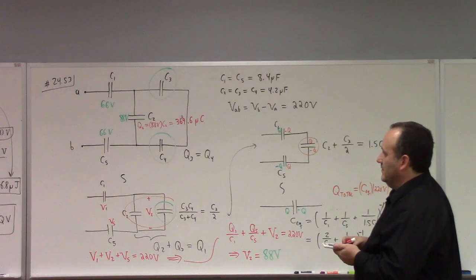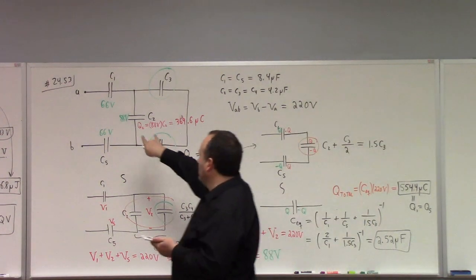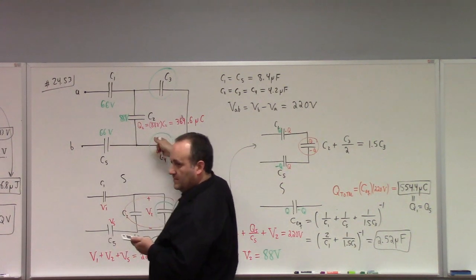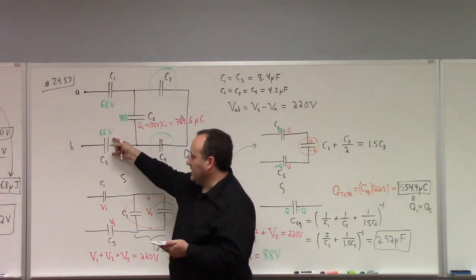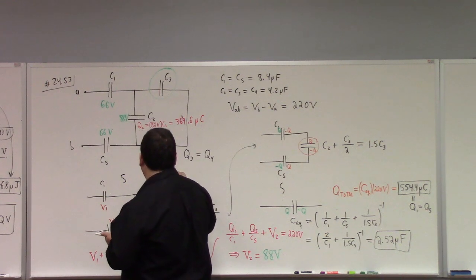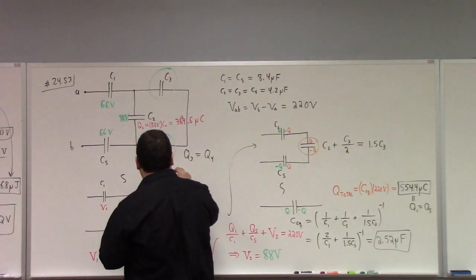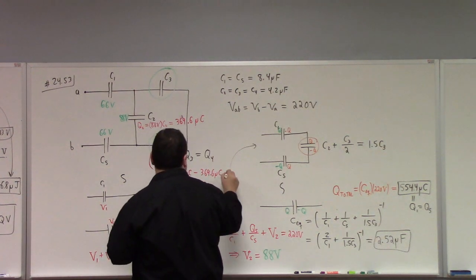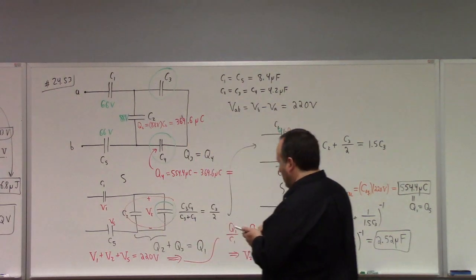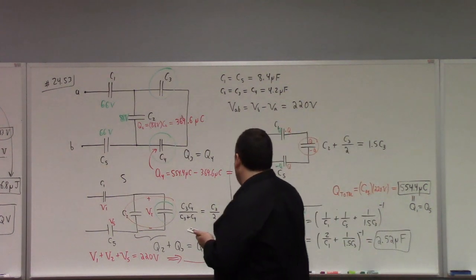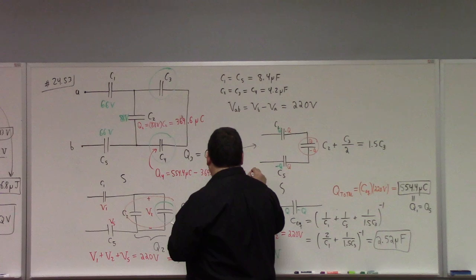Remember that the charge here plus the charge there has to match that. So that means my Q4 has to be equal to 554.4 microcoulombs minus my 369.6 microcoulombs, which is equal to 184.8 microcoulombs.